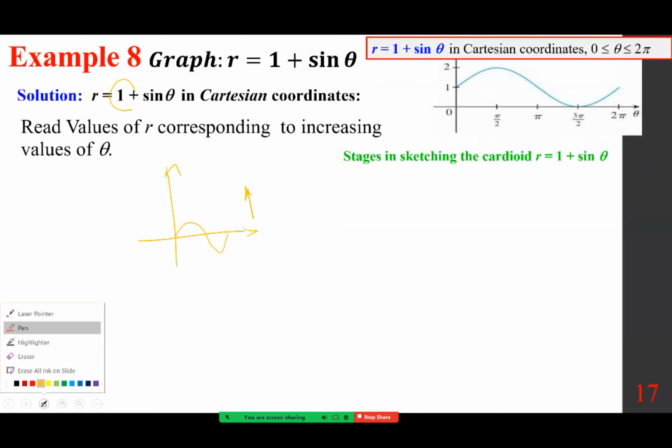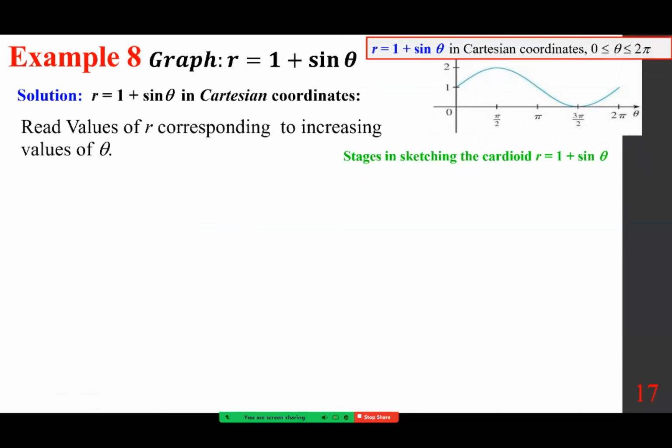This has been shifted up, okay? So let me erase this. And so we're going to read the values of R corresponding to increasing values of theta. This is the second approach. So, stages in sketching the cardioid. This is also called the cardioid, 1 plus sine theta.